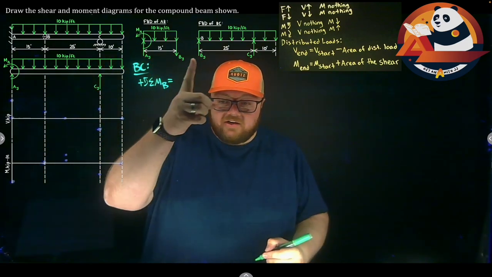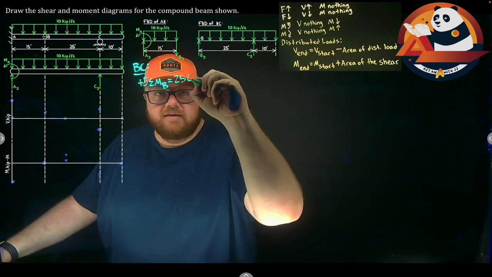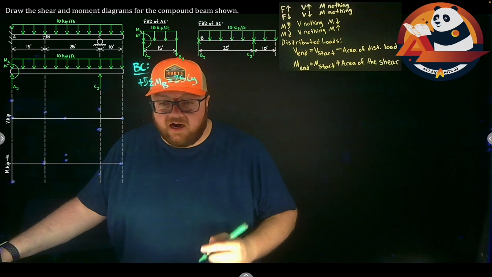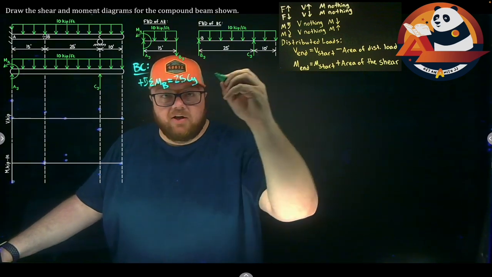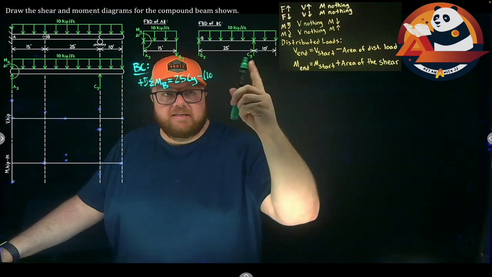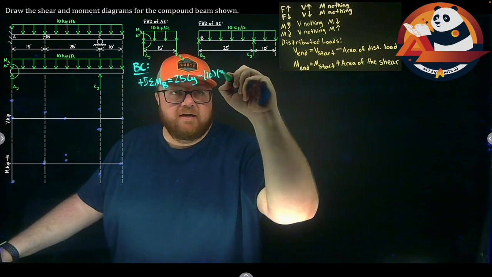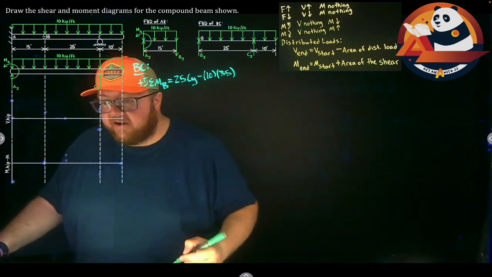25 CY, minus my distributed load, minus area. My height is 10. My base in this would be 25 plus 10, 35. Gets me the area.